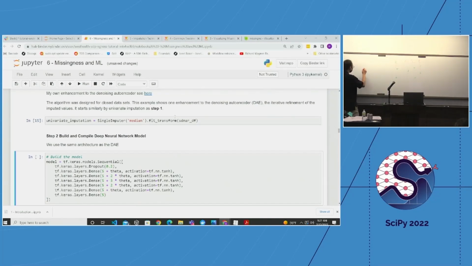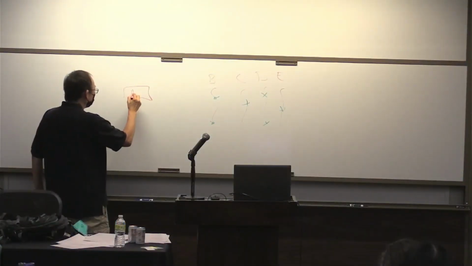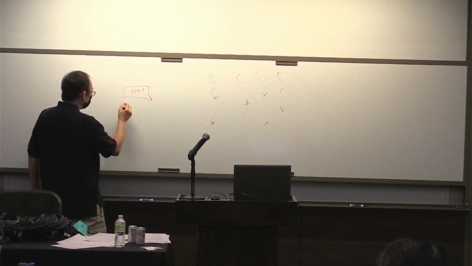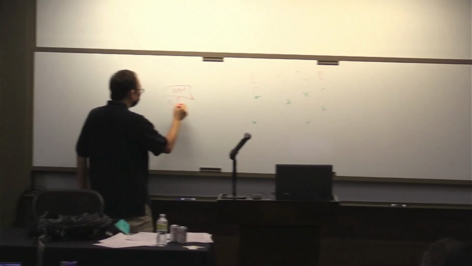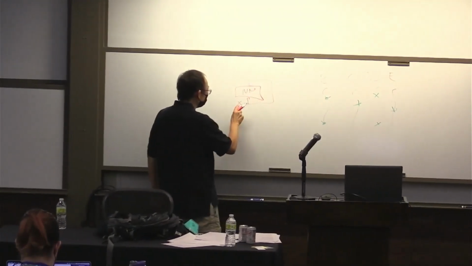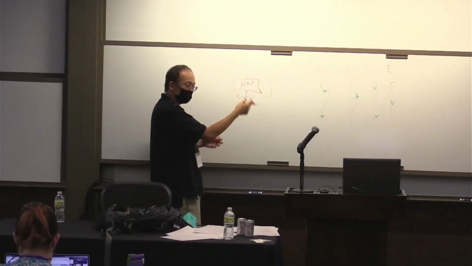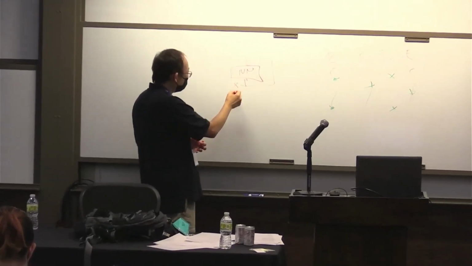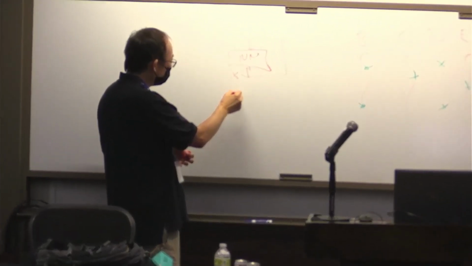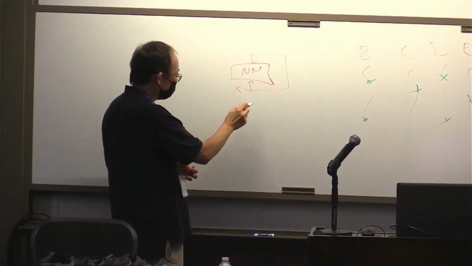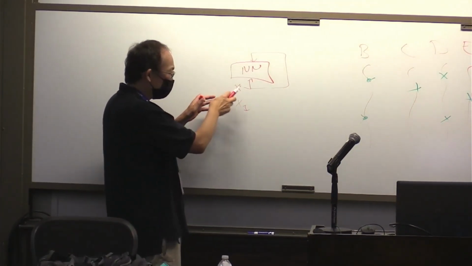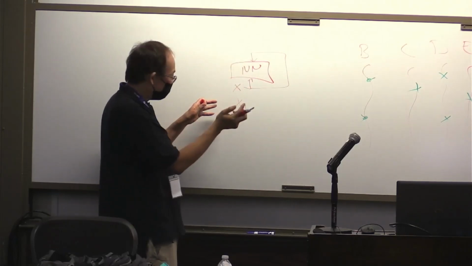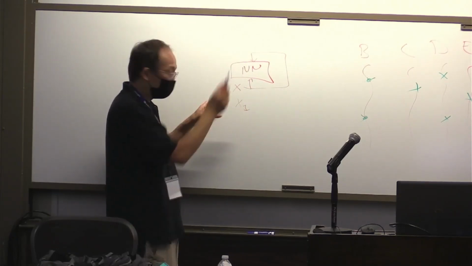So what I do is I have my neural network, and I train, so it's an autoencoder, so I train it on X, but after a certain number of iterations, you get an X with imputed values, so let's just call it X1. I do far fewer iterations than I do for the autoencoder in the first case.